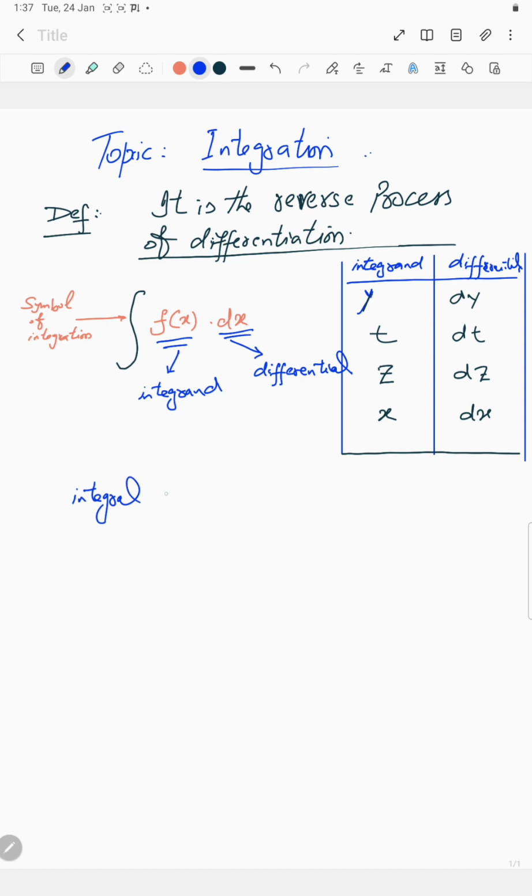Integrals are of two types. One is called definite integral, and the other is called indefinite integral.